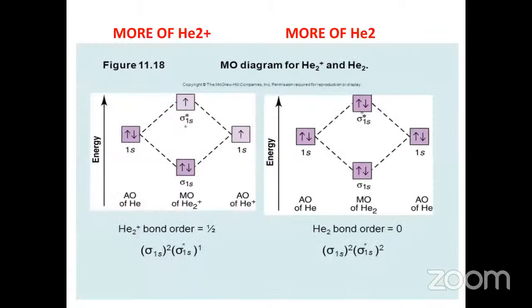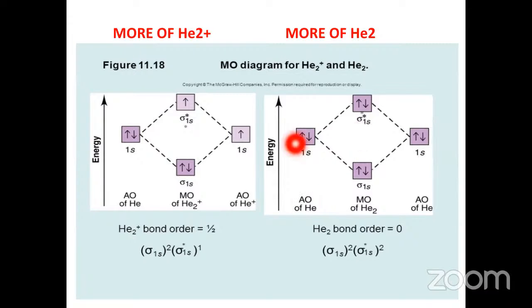The next goes to the MOED of He2 plus ion and He2 ion. Now here, actually the helium atomic number is 2 and its electronic configuration is 1s2. These are atomic orbitals of helium and these are molecular orbitals of helium.